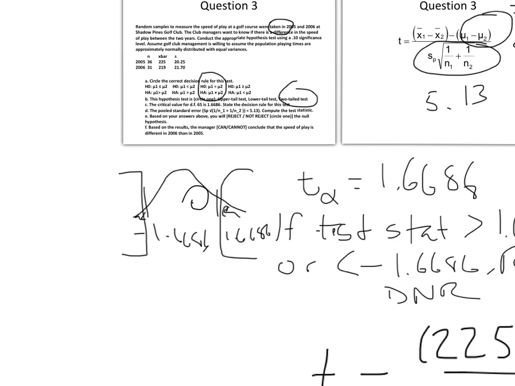So therefore, we would not reject the null. Okay, so in our part E, we would not reject the null, and we cannot conclude that the speed of play is any different. What we're saying here, in essence, is that because we are not rejecting the null, the speed of play is essentially equal between the 2 years, not statistically significant, the difference of speed of play between those 2 years.